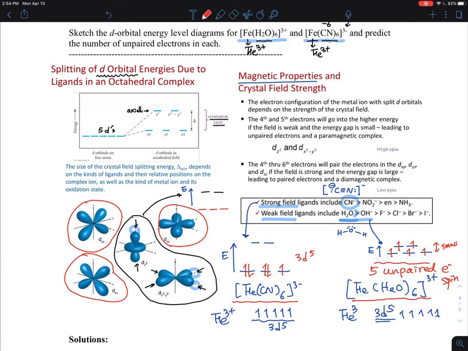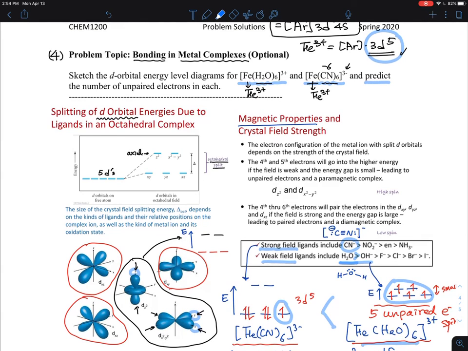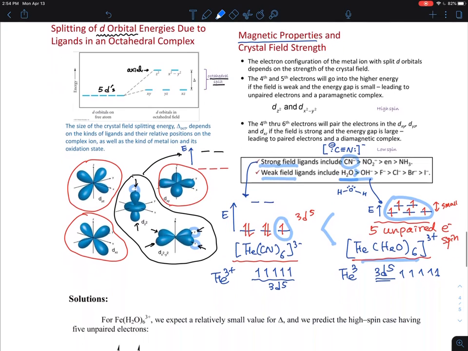Both are paramagnetic, but the one with 5 unpaired electrons is much more strongly paramagnetic. So the number of unpaired electrons is 1 on this side and 5 on the other.